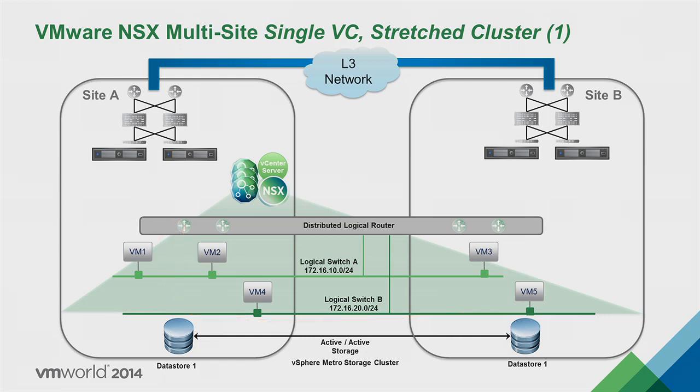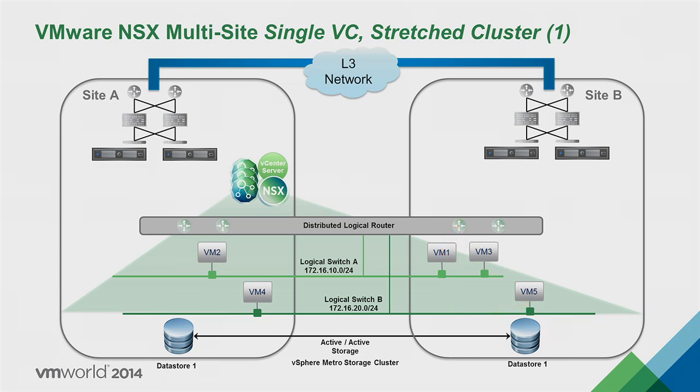If we happen to migrate virtual machine 1 over to site B, which we can easily do, the next time it communicates with virtual machine 5, that routing decision will now occur on a hypervisor over in site B, and this traffic will not go over the data center interconnect at all. So you can see how these distributed functions really help optimize our traffic flows in multi-site scenarios.